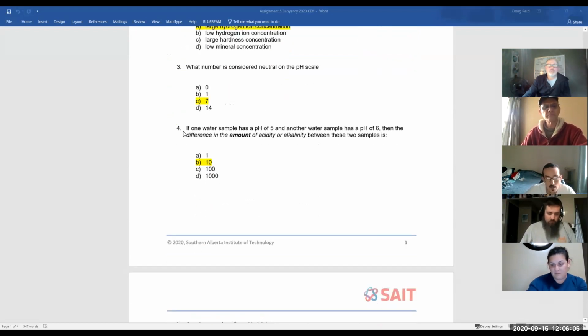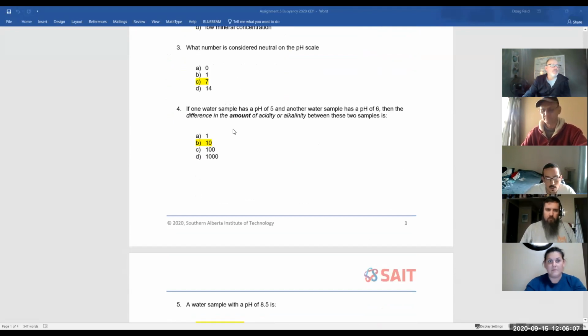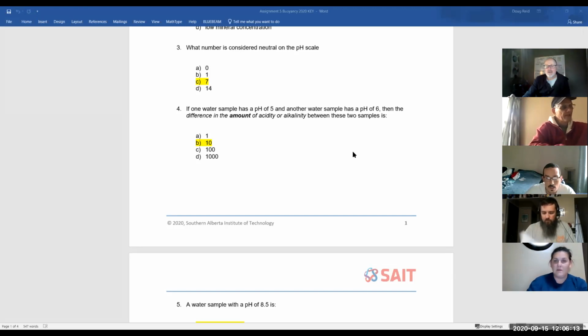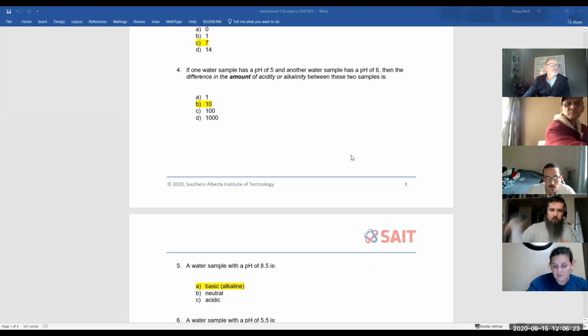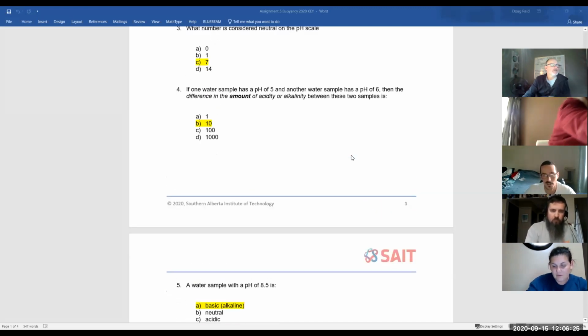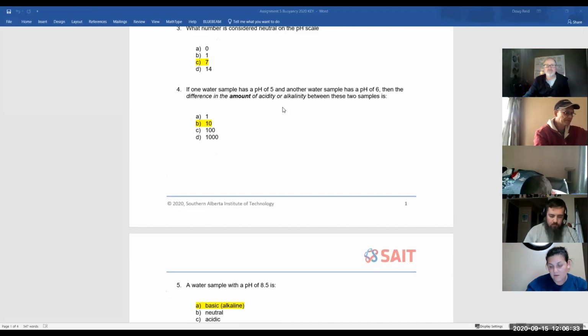Now, a lot of people made a mistake on number 4 here. Remember, between 5 and 6, it's a factor of 10. Between any numbers, it's a factor of 10. So it's 10 times more hydrogen ions between these two. So then between 4 and 5, there's 10 times more hydrogen ions in number 4 than in number 5.